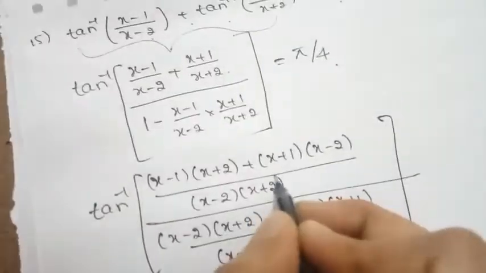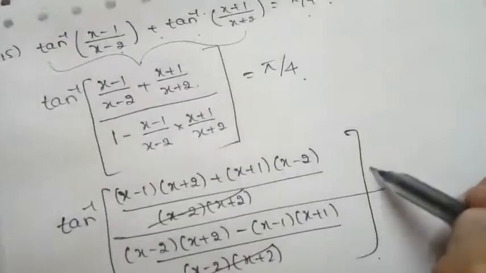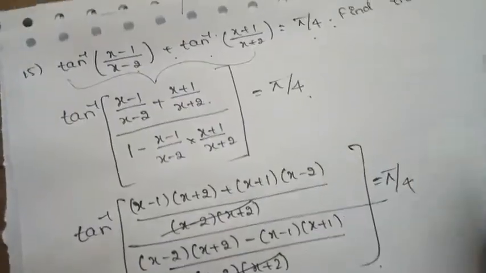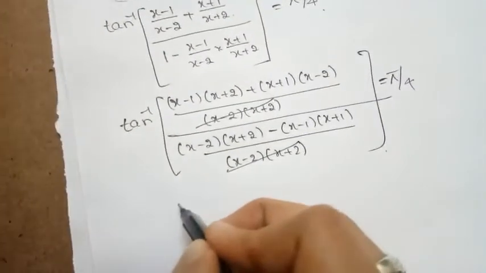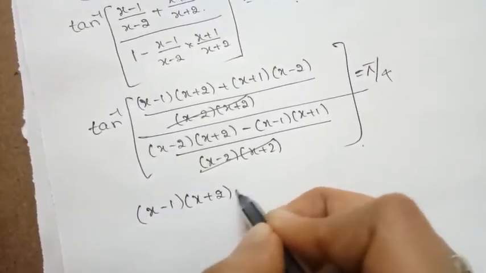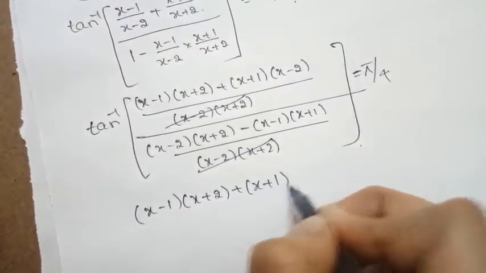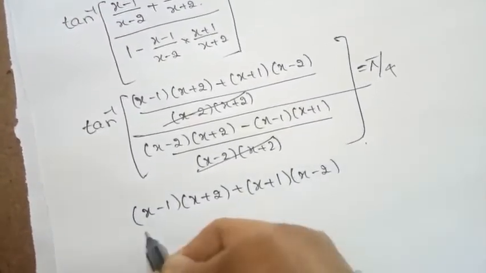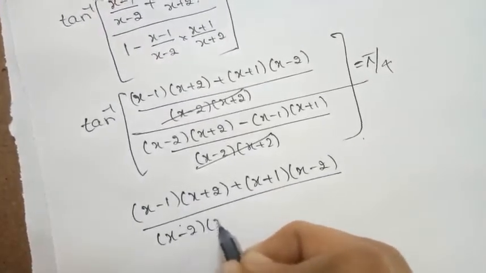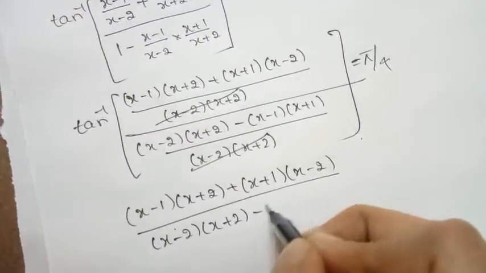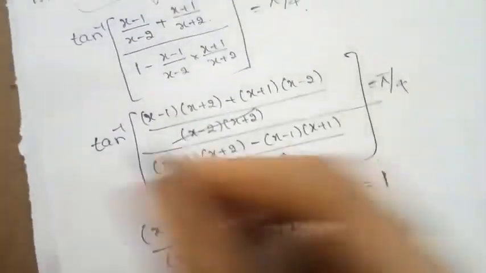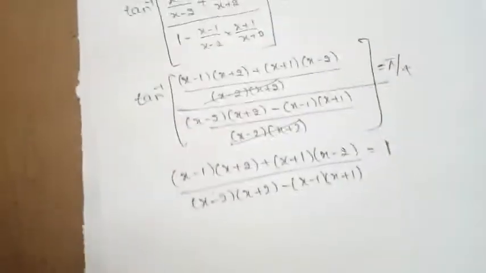So this one and this one get cancelled, which is equal to pi by 4. If tan comes to the RHS, tan pi by 4 is 1. So what happens? (x minus 1) into (x plus 2) plus (x plus 1) into (x minus 2) divided by x square minus 4 minus (x minus 1) into (x plus 1), which is equal to 1. That is tan pi by 4, which is equal to 1.